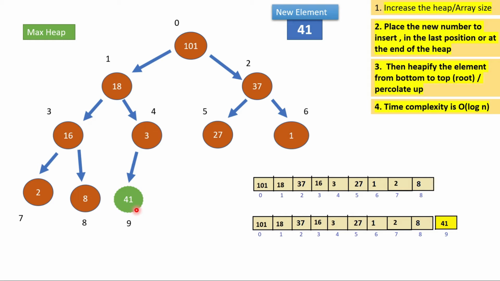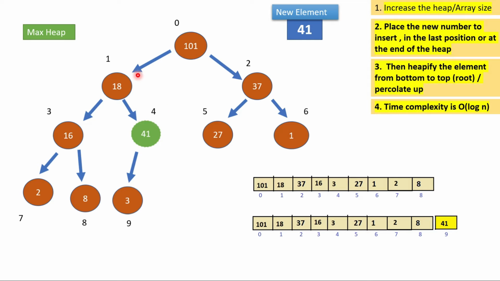For that, I have to compare 3 and 41, and obviously 41 is greater than 3, so we need to swap these two. This is the first step. Then we have to check whether 41 is now present in the perfect position or not. Obviously it is not, because 18 is less than 41.